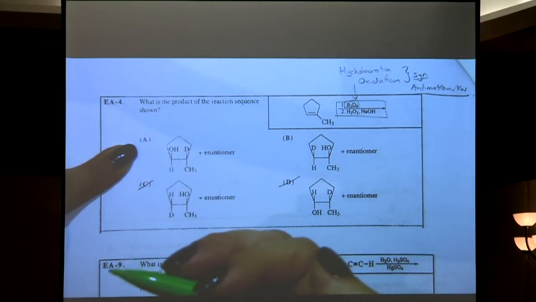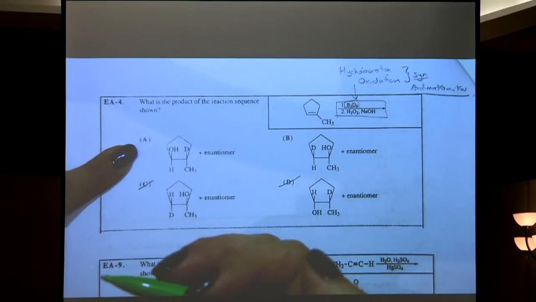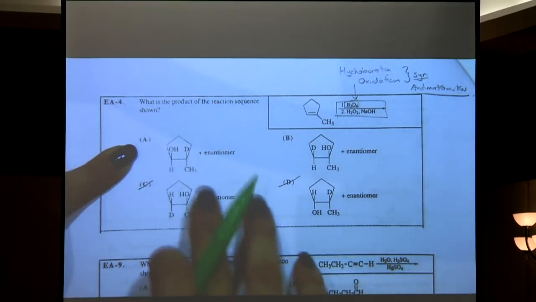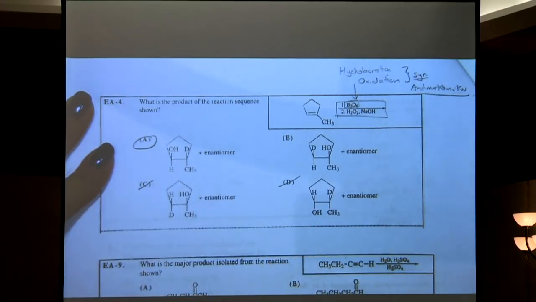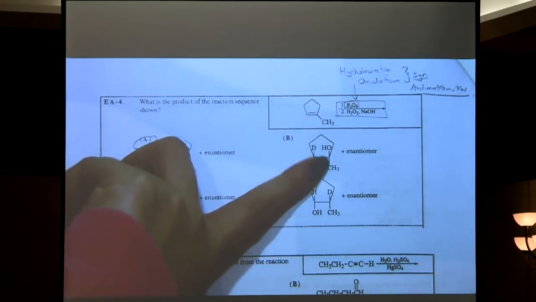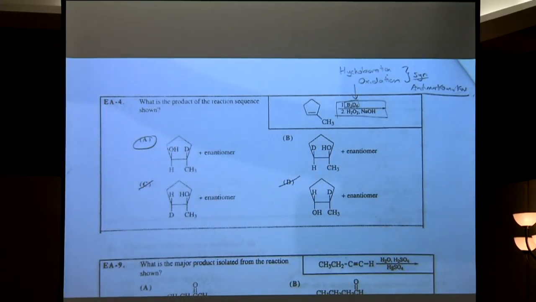I heard A and B. So we want our OH to be on the less substituted side, therefore it's A. If we were to add it here where the CH3 is, then it would be more substituted. Because hydroboration oxidation is anti-Markovnikov, always. I think it's probably the only reaction that I know so far that's anti-Markovnikov. It's always the OH.